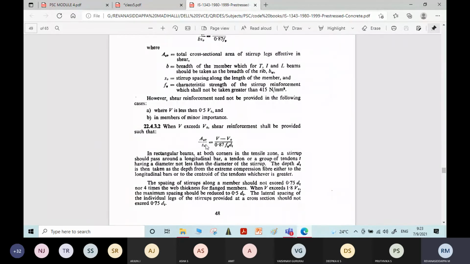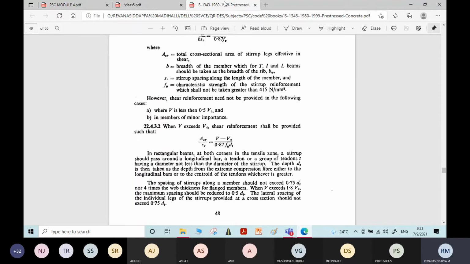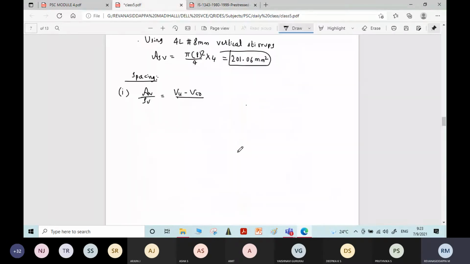Yes, ASV by SV is equal to VU minus VC naught divided by 0.87 Fy dt. Page number 48. ASV we have calculated.